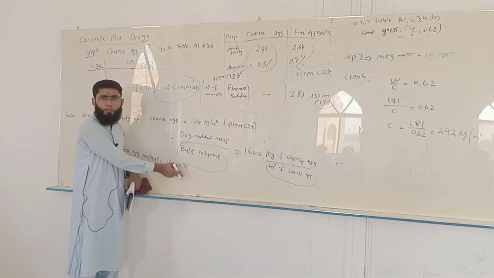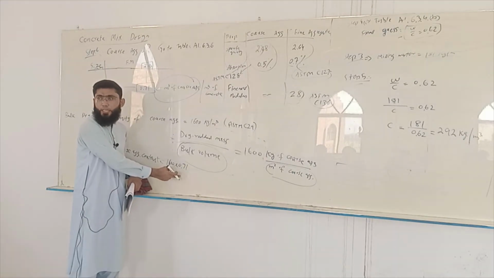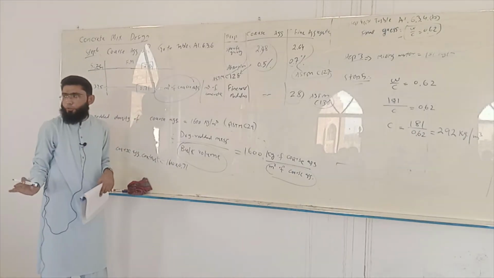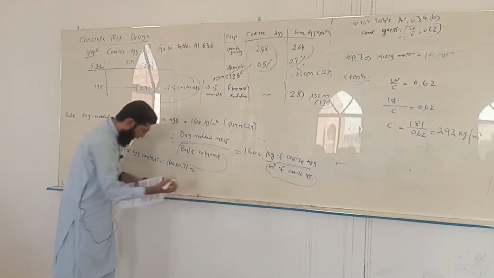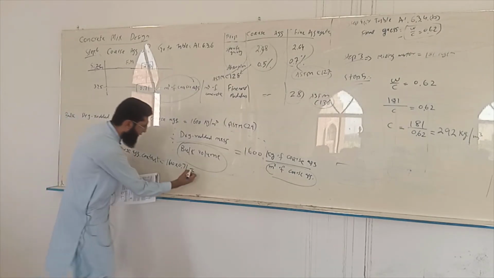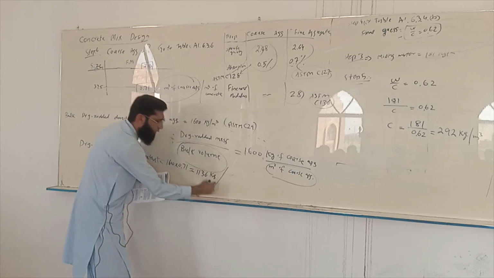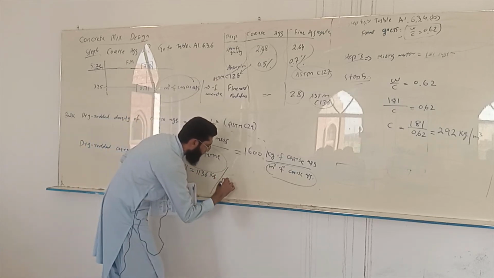And 0.71 is the meter cube of coarse aggregate for every meter cube of concrete. Okay, so whatever comes out will be for every meter cube of concrete. So what is the answer now? 1136 kg. And you remember it is for a meter cube of concrete.